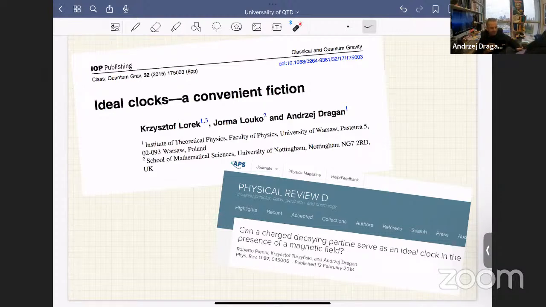Because for the accelerated observer, not only will the colors of the particles change, the properties, frequencies, and so on and so forth, but also the number of particles will change when you start to accelerate. And the extreme case of this is the so-called Unruh effect, when an inertial observer claims to be sitting in a vacuum, in the lowest energy state of the field, and the uniformly accelerated observer will claim that this is not vacuum, there are particles around.